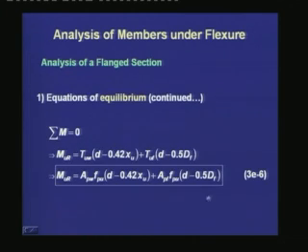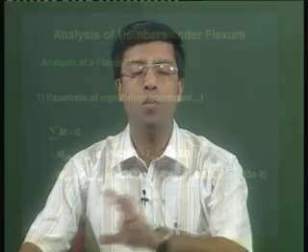The second equilibrium equation is sigma of the moment is equal to 0, from which we can find out the ultimate moment capacity or the moment of resistance, which is equal to the individual moments created by the two couples.